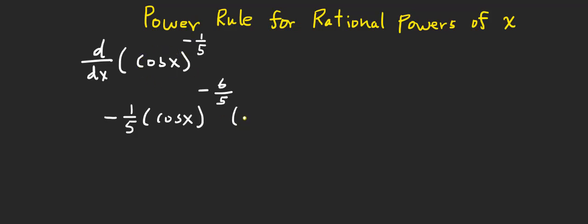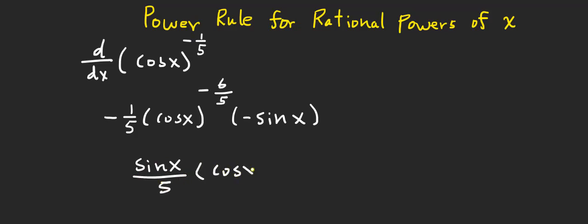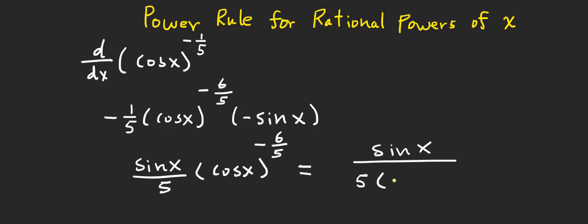That's going to be negative sine x. So negative times negative is positive. You get sine x over 5 times cosine x to the power of negative 6 over 5, which is the same thing as, if you want to make it positive, sine x over 5 times cosine x to the 6 over 5.